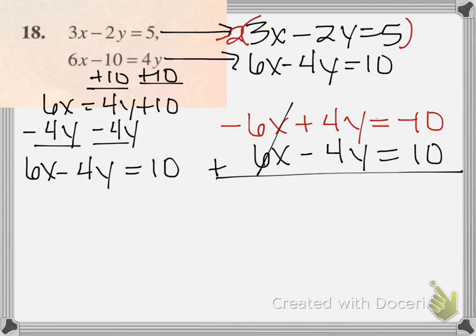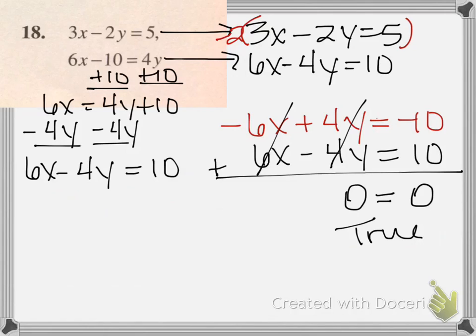My x's eliminate, so that gives me 0. My y's actually eliminate also, which is strange. We haven't seen this happen before, so I end up with just a 0 on the left side. No variables, all gone. And negative 10 plus 10 is also 0. So what has happened is my variables have eliminated, and I'm left with a true statement. What this means is these two equations are actually the same equation in disguise.